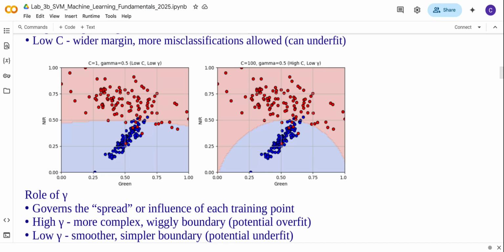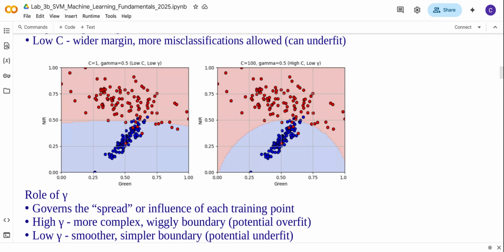If we have, say, a low gamma, then we have a more generalized decision boundary, one that is influenced by faraway points. This also means we have a risk of underfitting.